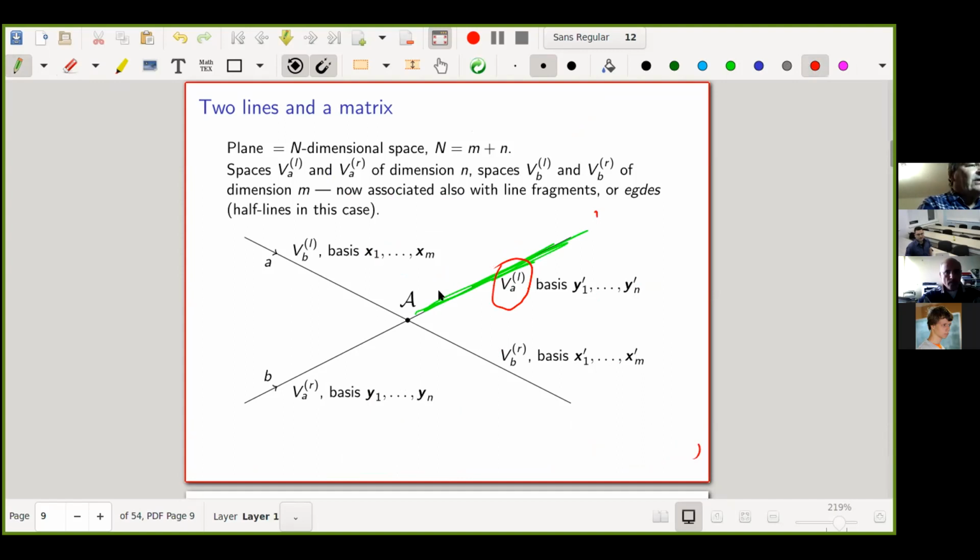The half line belongs to line B, but the restriction is imposed by line A. So we are not really interested in these corners.